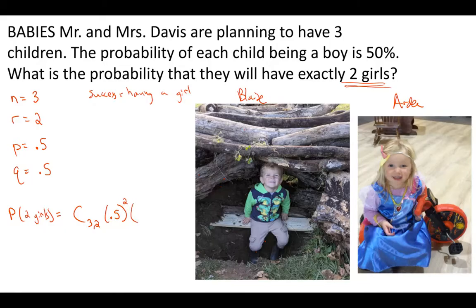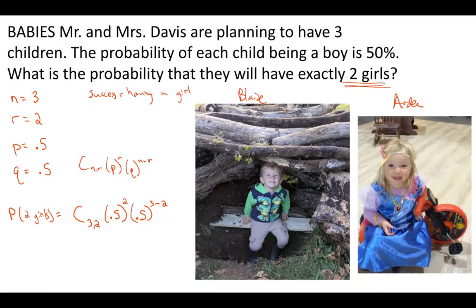And then the probability of failure Q, 0.5, to the N minus R, so 3 minus 2. So that is our setup. We just plug everything exactly into that formula: C of N comma R times P to the R times Q to the N minus R. So I just substitute all those in.